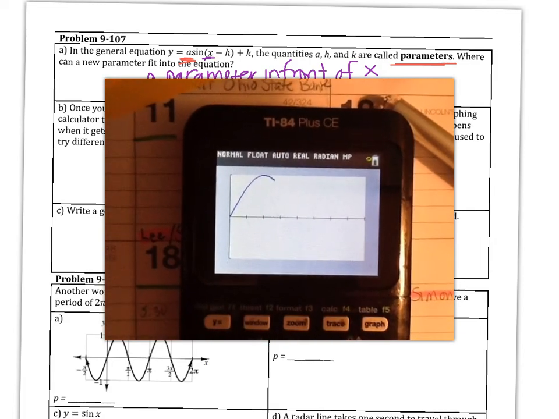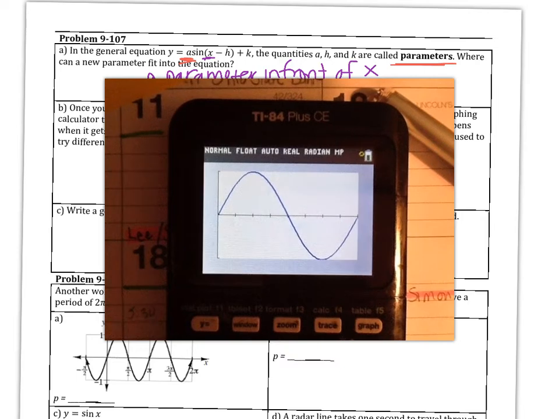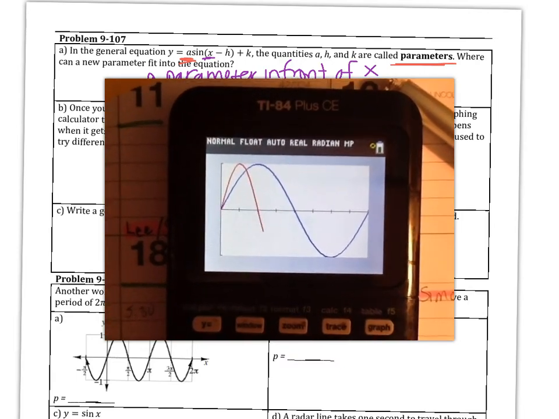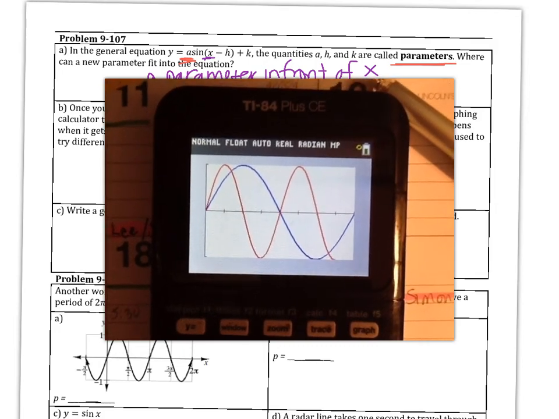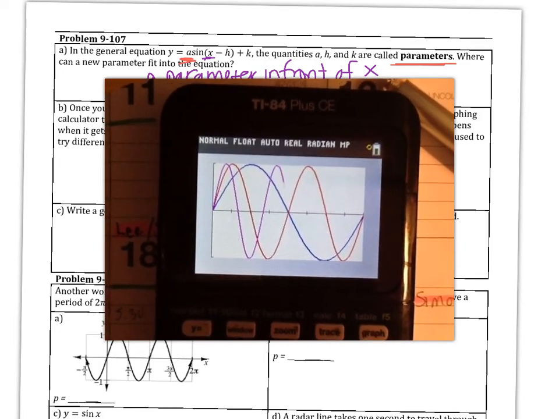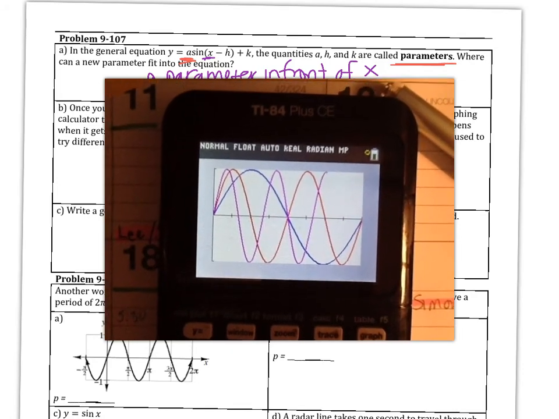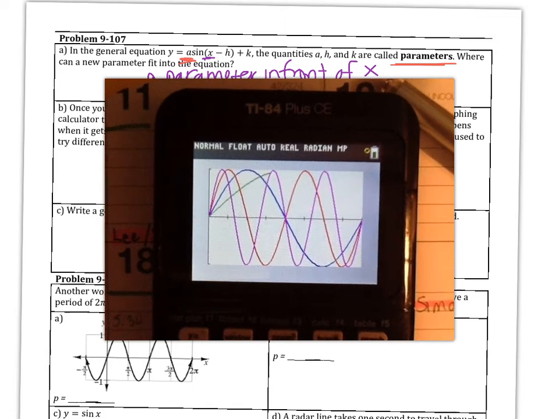So here's sine of x. This should look familiar, ending at 2 pi, or repeating at 2 pi. Here we have sine of 2x. Here we have sine of 3x. And this is sine of 0.5x.